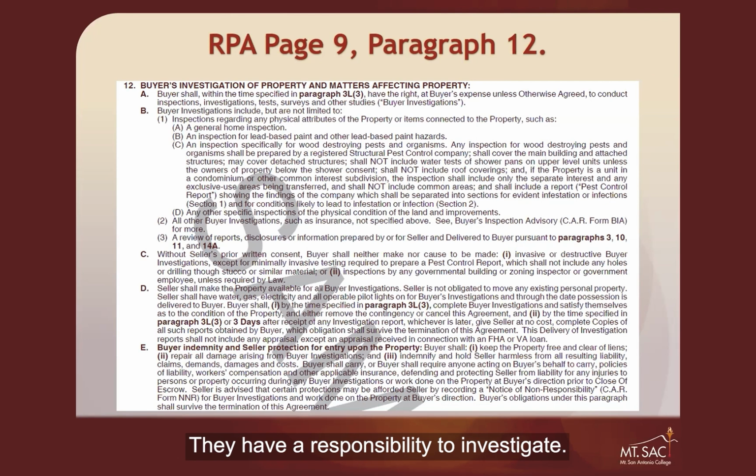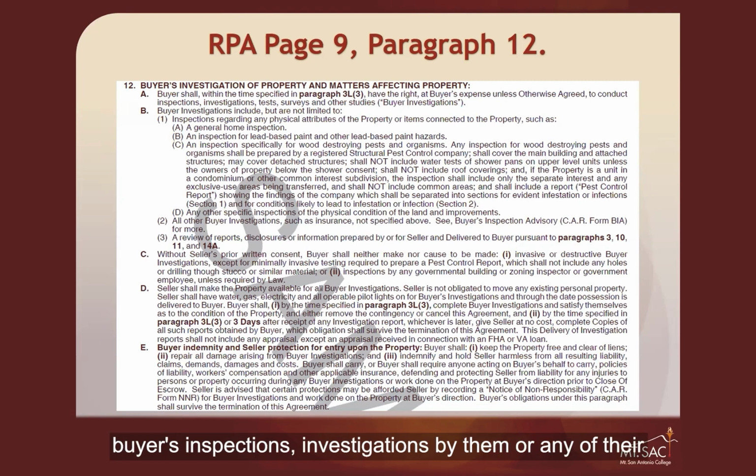They have a responsibility to investigate. And if they fail to do so, they do so at their own risk. Buyer does agree to indemnify the seller if the buyer's inspections or investigations by them or any of their contractors or agents cause damage to the property. And that's found in paragraph 12E. All right.